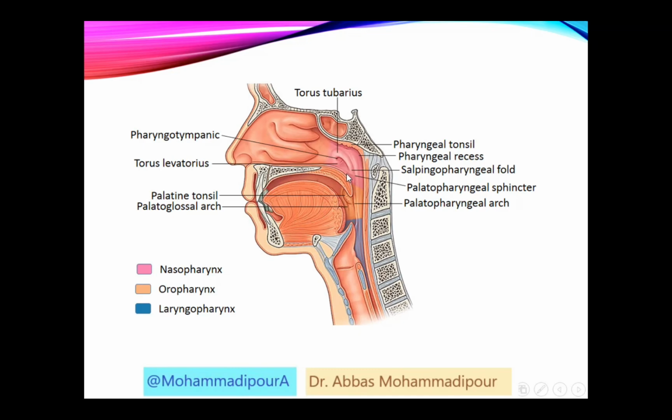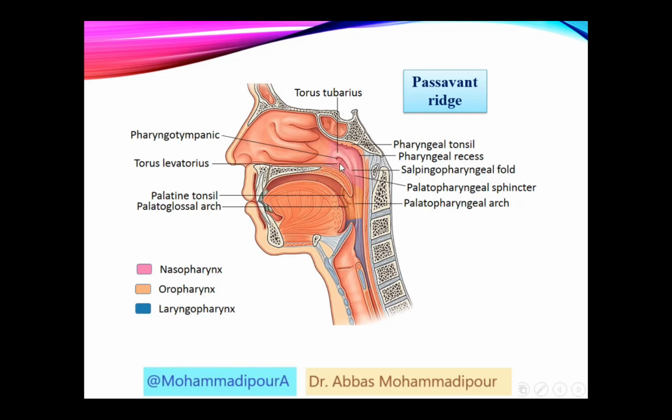Because it extends from the soft palate to the pharyngeal wall. Note that this sphincter is also called Passavant ridge, or you can say also palatopharyngeal sphincter. This ridge or this sphincter during swallowing has a role in closing this pathway or isthmus between the oropharynx and nasopharynx.